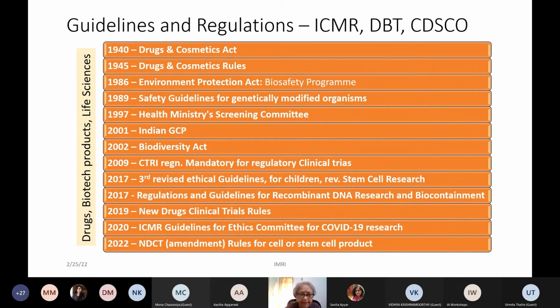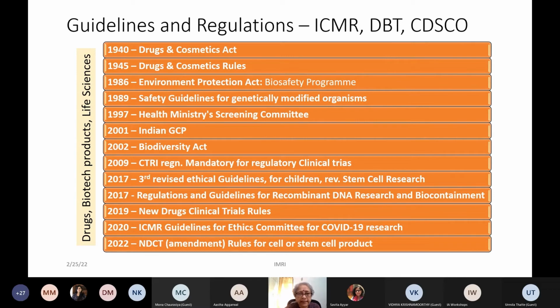Are you able to see the whole slide? Because my view is blocked in the bottom part by the bar that is coming in, which I can't push anywhere. Anyway, the point is that we have the Drugs and Cosmetics Act coming in 1940, followed by the rules in 1945.